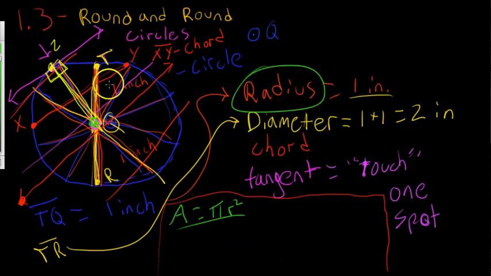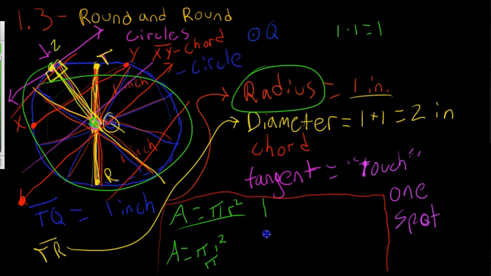Well, let's find what the area of this circle would be, circle Q. Let's just plug in. Area is equal to pi times 1 squared. What's 1 squared? 1 squared is equal to 1 times 1, which is 1. So our area is simply 1 times pi, or pi. That's the area of this circle, pi.